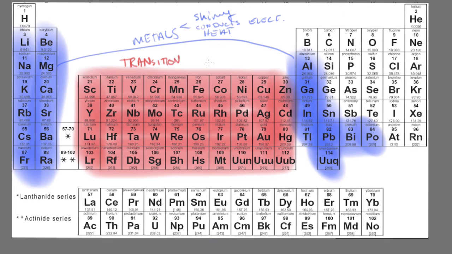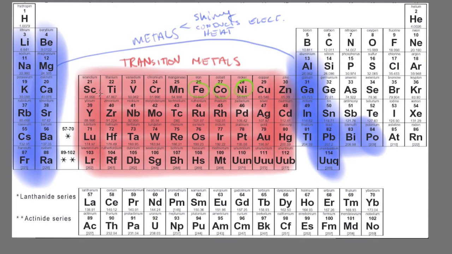And for the most part, we're not going to be worried too much about this at this level, but it's fun to know that iron, cobalt, and nickel are three transition metals, the only three transition metals that are also ferromagnetic, which means if you bring a magnet next to it, they will be attracted to the magnet.